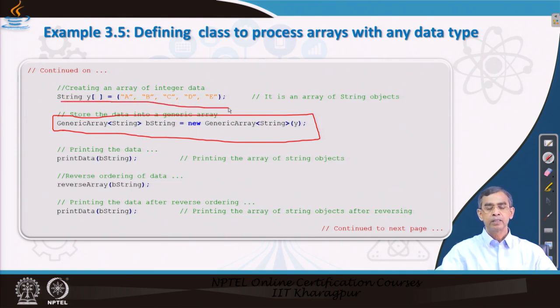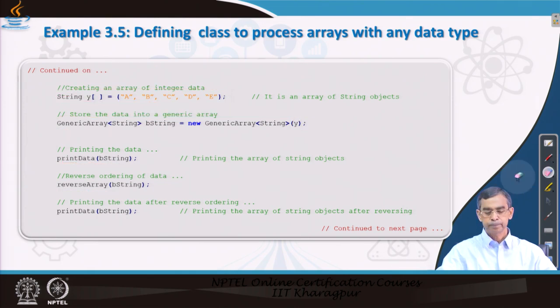We pass the string array here and then print, reverse, and again after reversing print this one, and you can see it works the same way. We did not write any separate code for string; the same code which works for integer array is now working for the string array.